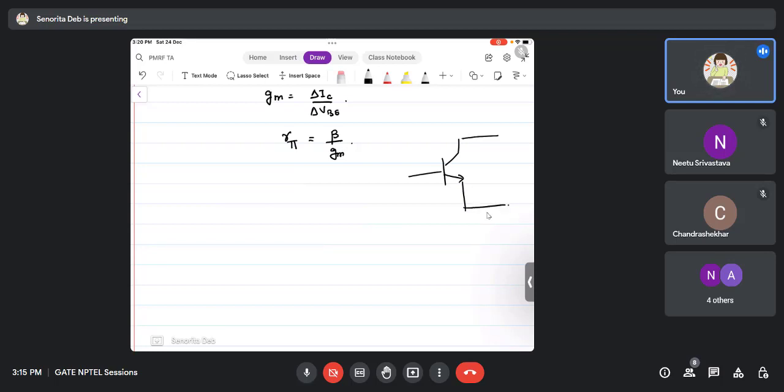Okay, so this is B, this is E, this is C. Okay, these are the terminals. So what we do is we have this transistor's resistor come here, R pi, between base and emitter.